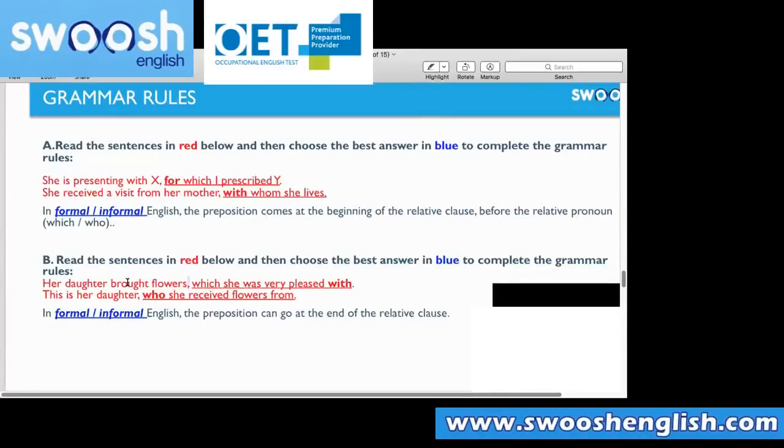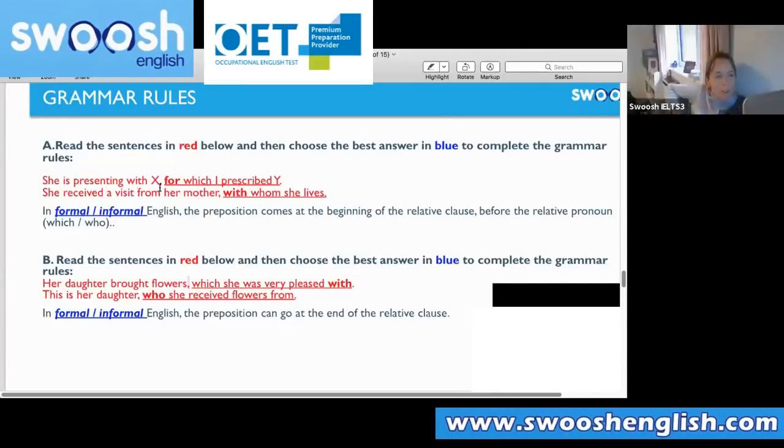Especially for the first sentences, we use it more in letters. We use it a lot in letters. Usually, I don't write the comma before for which if I prescribe the medication. I think you would need that because it's probably extra information, and here it's extra information anyway.